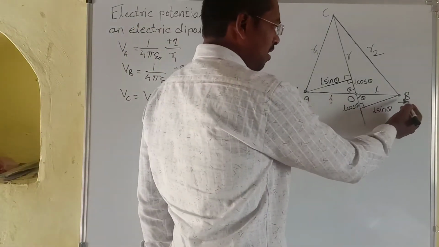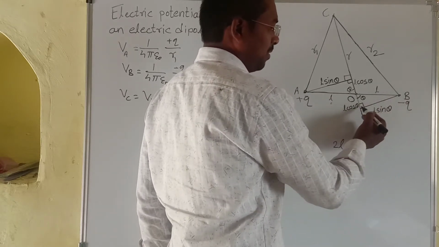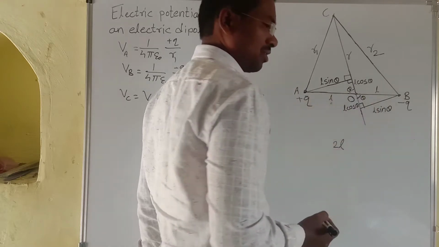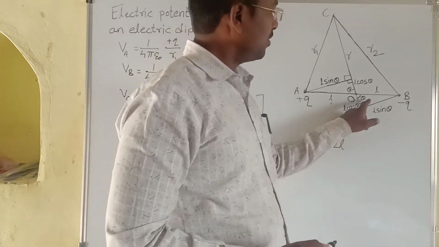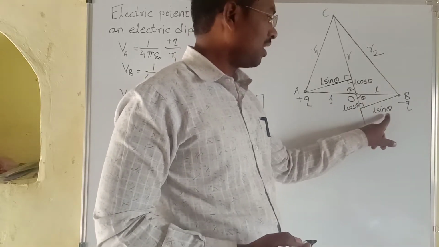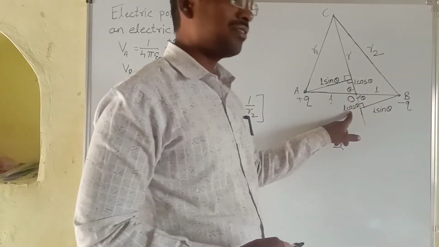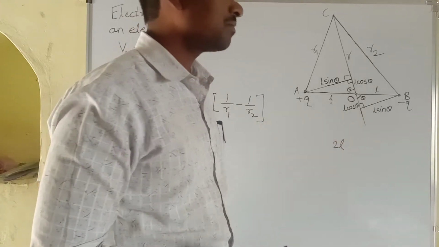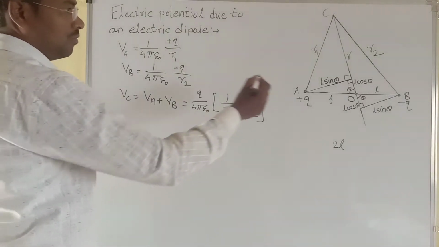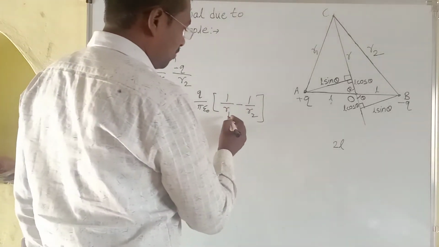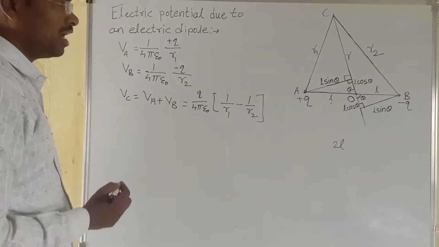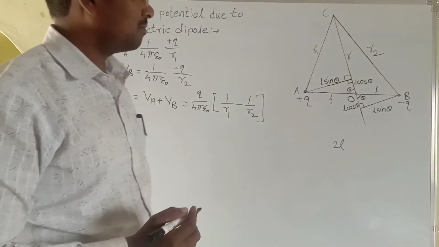Similarly, draw another line from point B, which is perpendicular to the line OC produced. Here is the angle theta, and the opposite side of this triangle is L sin theta, and the adjacent side is L cos theta. Therefore, now convert these distances R1 and R2 in terms of distance R. For that, we use the Pythagoras theorem.